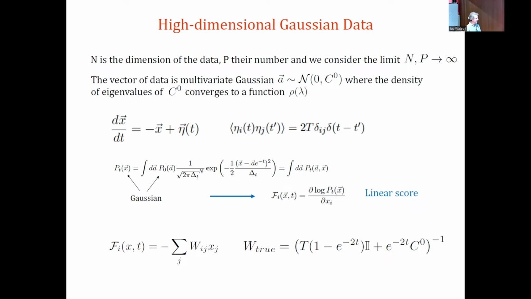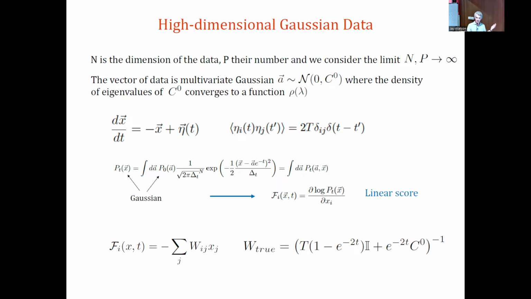And so when t is equal to 0, you see W is just the inverse of the covariance matrix of the data. And when t goes to infinity, this goes away, and you just get the identity times the temperature. So the system at long times is very simple, and the score is very simple. All right, so this is the analysis in the exact case.